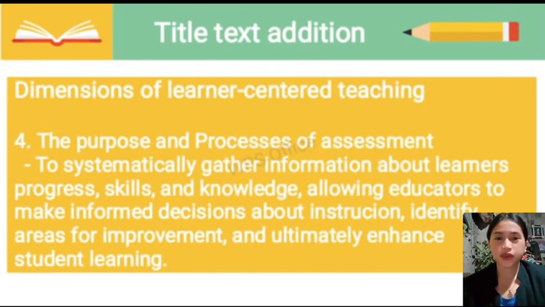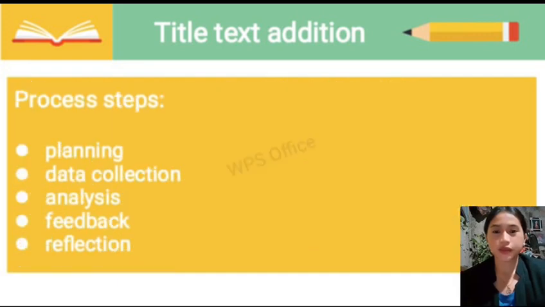The purpose and process of assessment. To systematically gather information about a learner's progress, skills, and knowledge, allowing educators to make informed decisions about instruction, identify areas for improvement, and ultimately enhance student learning. Process steps. First is planning: defining learning outcomes, choosing assessment methods, and designing tests.